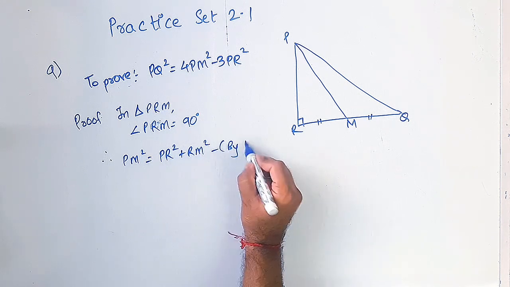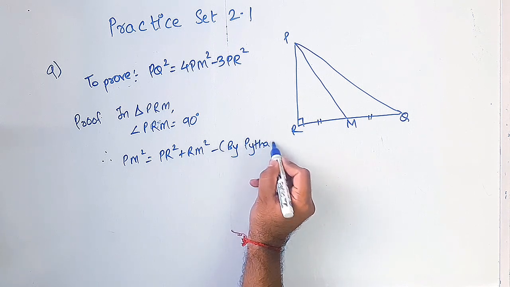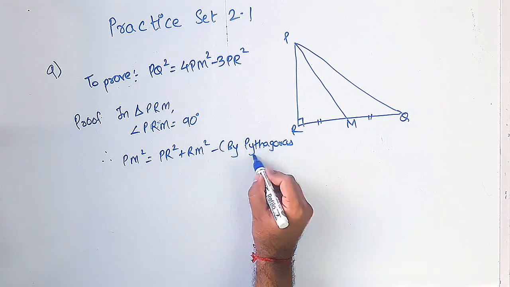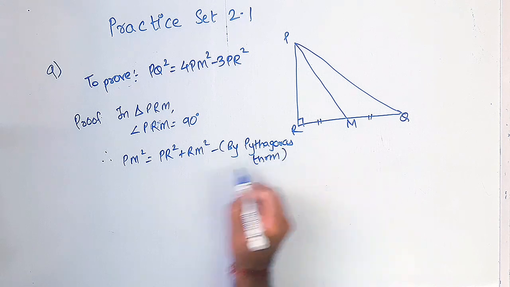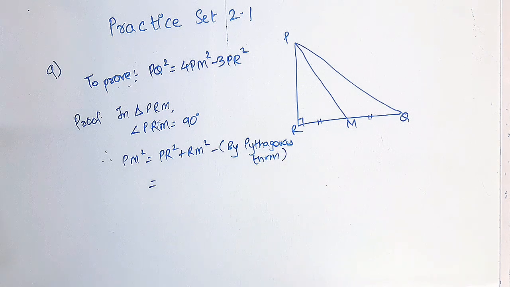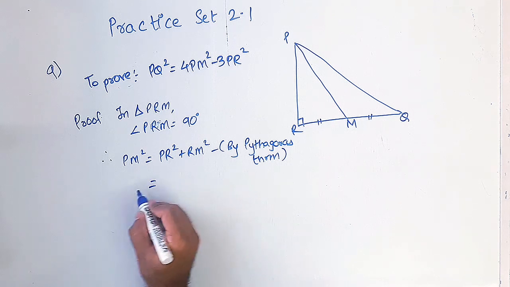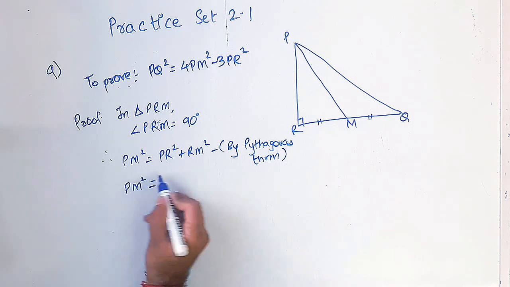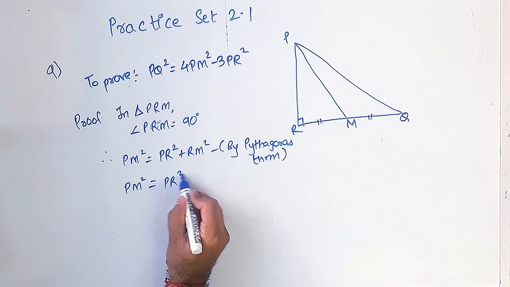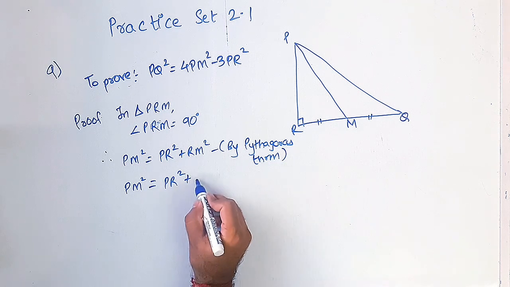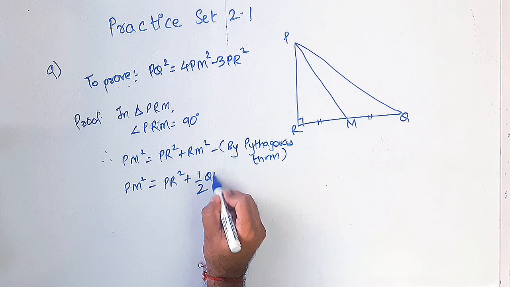This is by Pythagoras theorem. Now PM square as it is, PR square I cannot change, RM I can write half of QR.